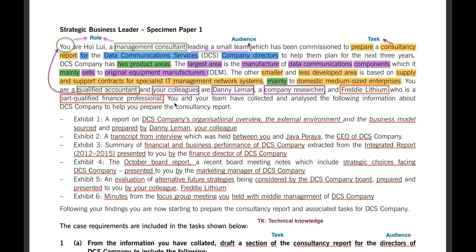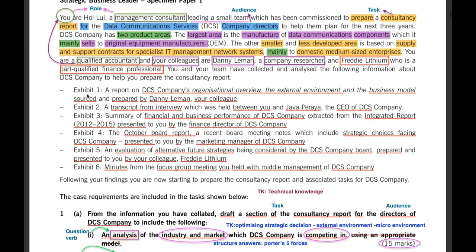So you and your team have collected and analyzed the following information about DCS company to help you prepare the consultancy report. What's actually given? Exhibit number 1 is a report on DCS company's organizational overview, the external environment, and the business model, sourced and prepared by Danny Lehman, your colleague.